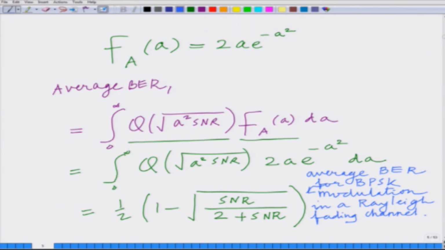This is half times 1 minus square root of SNR over 2 plus SNR. Correct. This is the final expression that we derive.